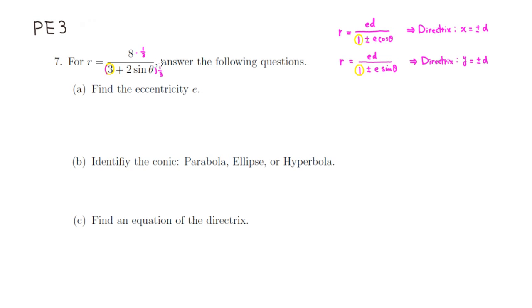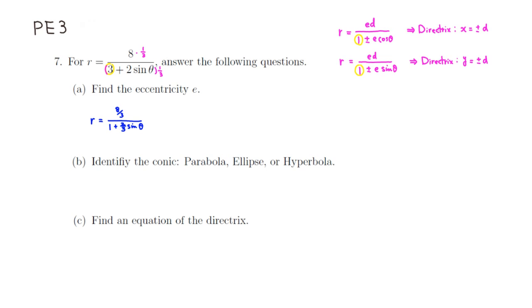So we're going to get r equals 8/3 on top, and 3 divided by 3 is 1, which is what we wanted, plus 2/3 sine of theta.